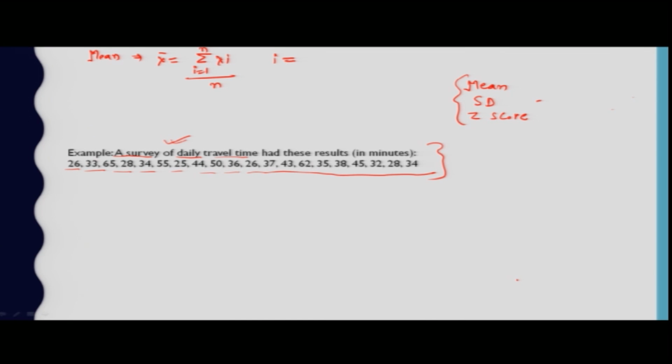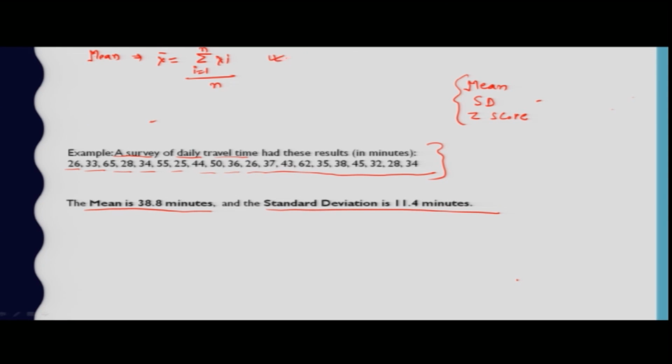So, 1, 2, 3, 4, 5, 6, 7, 8, 9, 10, 11, 12, 13, 14, 15, 16, 17, 18, 19, 20. So, n equals 20, and in this way we can calculate this particular mean as 38.8 minutes and the standard deviation is 11.4 minutes.